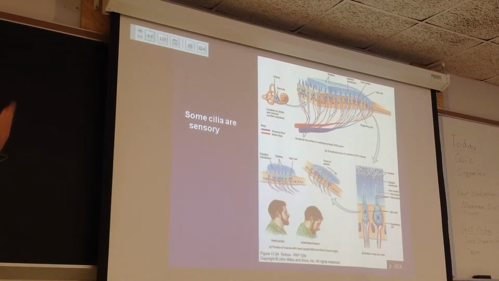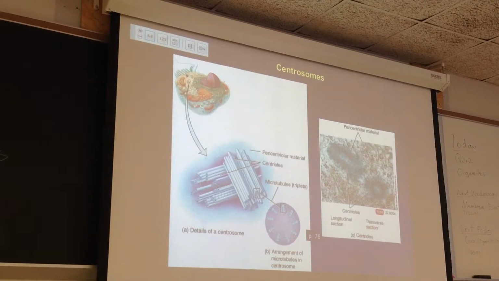They basically detect movement. We use these mechanoreceptors in our inner ear region for detecting sounds or balance or equilibrium, and actually in a few other places in the body as well. We'll talk about that a little bit later. But realize that some cilia can be sensory as well. Basically, when you deflect them, it sends a particular kind of signal.